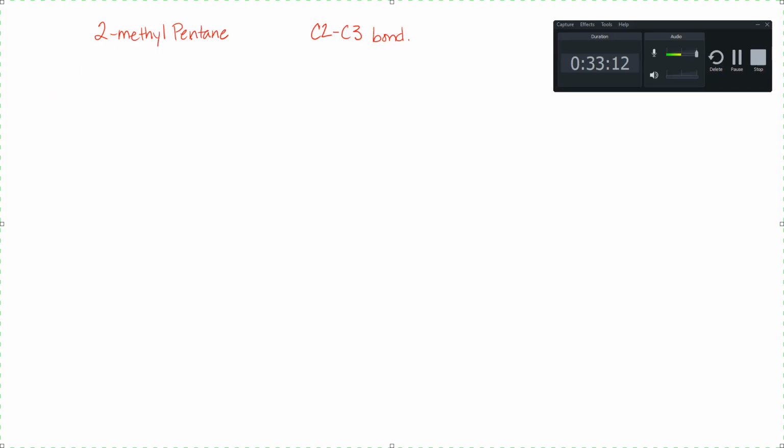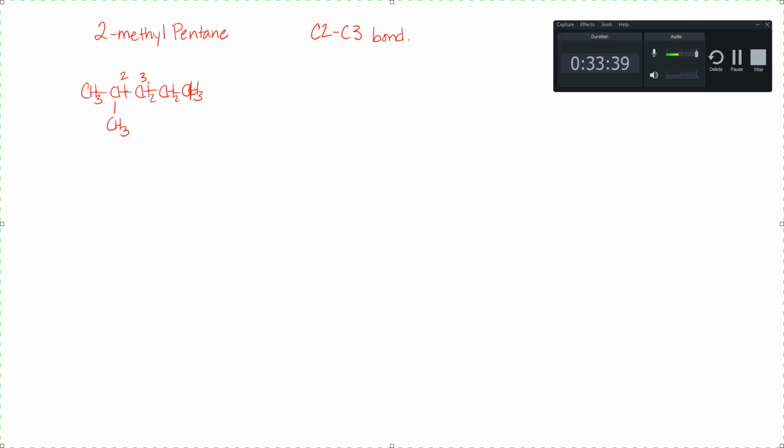So first thing we got to do is write the structure. So pentane means 1, 2, 3, 4, 5 carbons with a methyl group at carbon 2. So I'm going to go ahead and fill in my hydrogens here. So there is my 2-methylpentane. I said look down the carbon 2, carbon 3 bond.